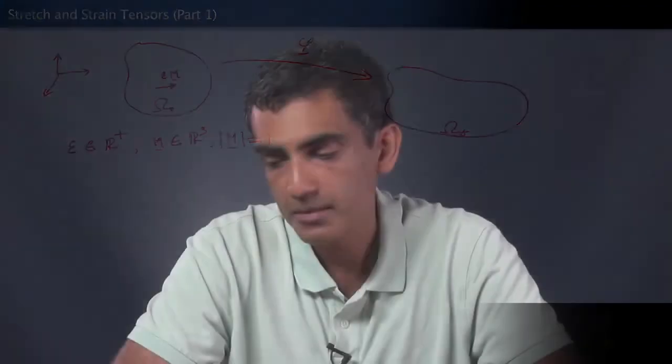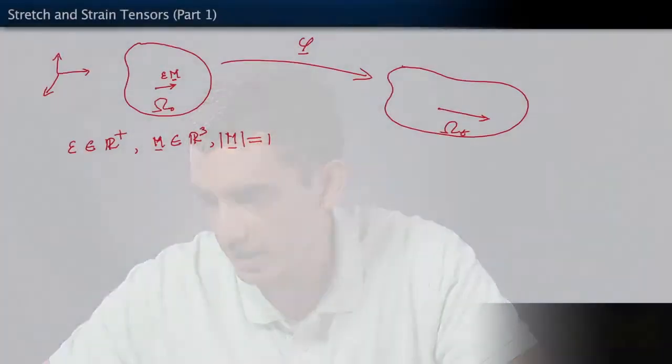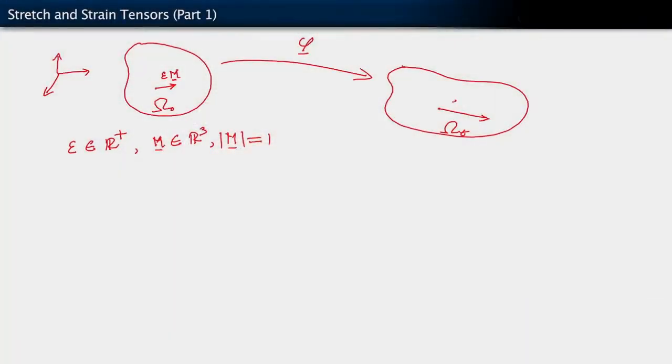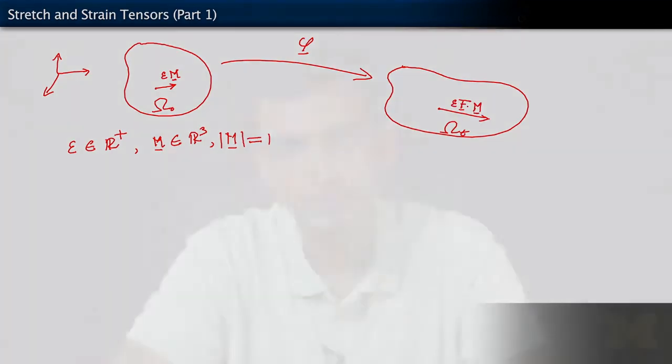So epsilon is the magnitude of that vector, and m is essentially a direction, but importantly, it's scribed on the material. We know what happens with this material vector under the deformation gradient. It is mapped to a vector that we will denote as epsilon F acting on m.